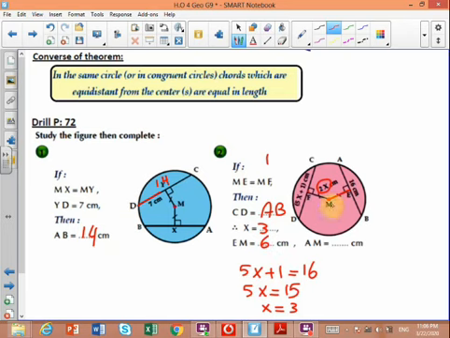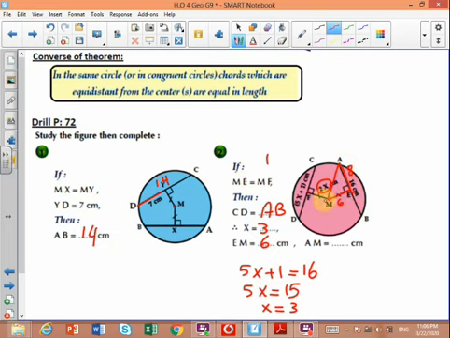What about AM? Can you get AM? Yes, this is a right angle triangle, so we use the Pythagoras theorem. ME is 6 centimeters and AB all is 16, and I know that E is the midpoint of AB, so AE will be 8.